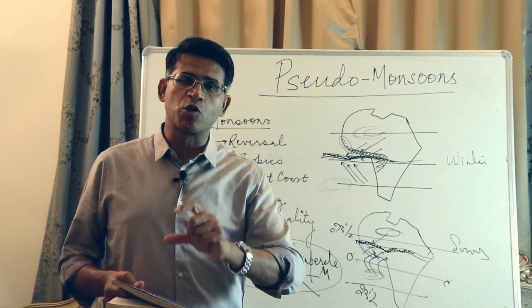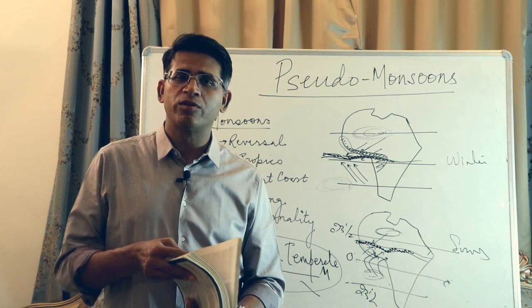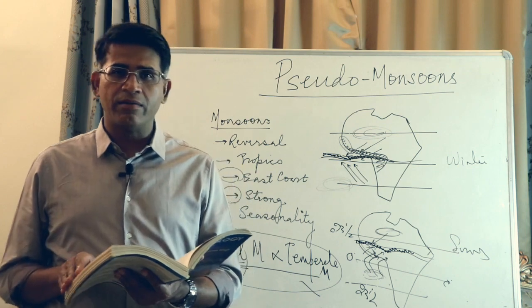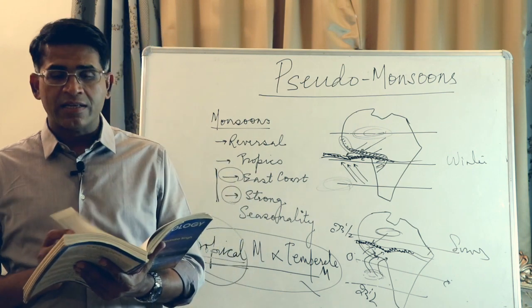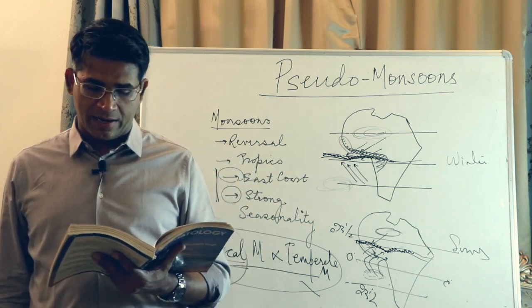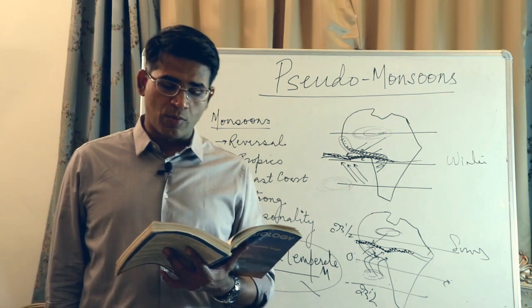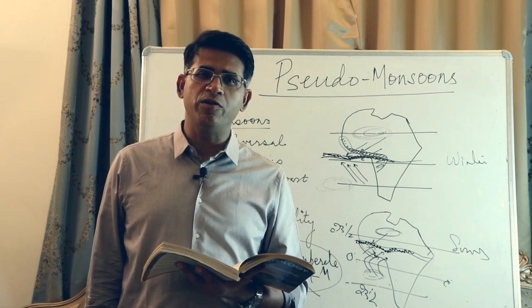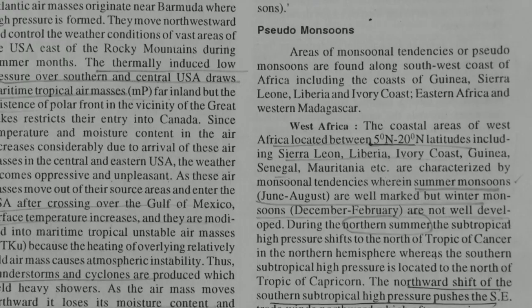But some sections you should look up, which I am guiding you through in your videos. So Savindra Singh, Climatology textbook, chapter number 7, and page number 131. It says pseudo monsoons, second column. I'll suggest you pause the video, get your textbook, and thereafter read and underline along with my discussion.